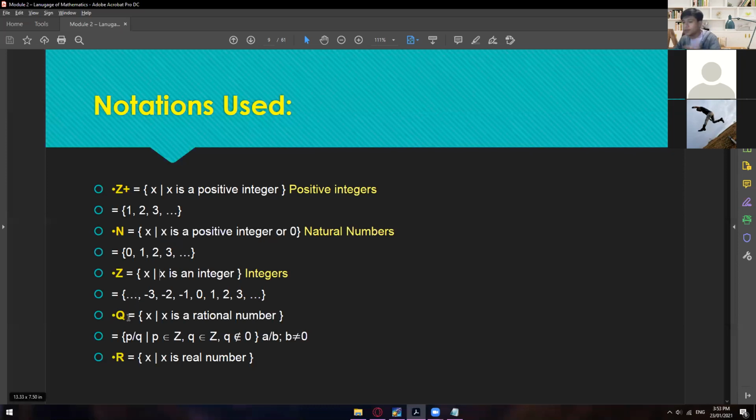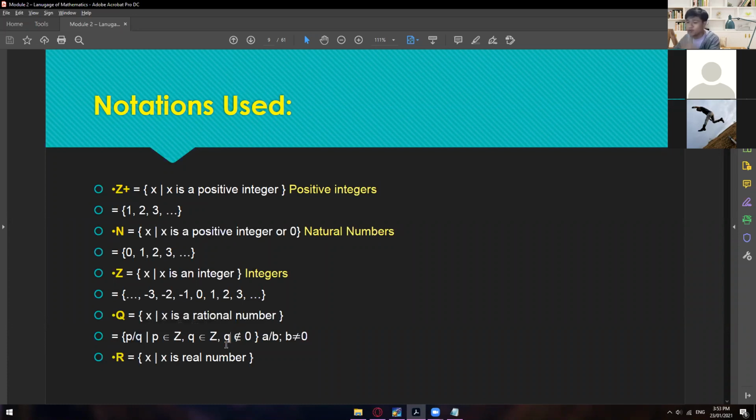And then we have here letter Q, which is the rational number. As you can see, we have a rule for us to be able to say that this one is really a rational number. For letter P, it should be an integer, and for letter Q, it should also be an integer. But take note that your Q must not be equal to 0, because if Q is equal to 0, then that is not a rational number anymore.